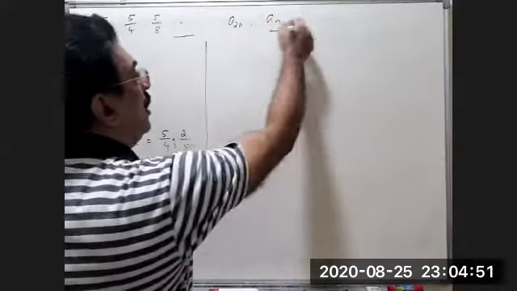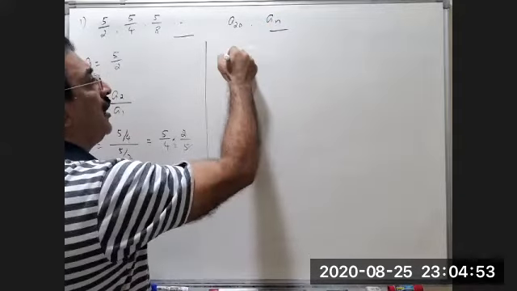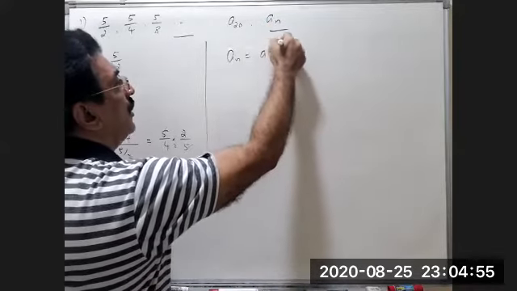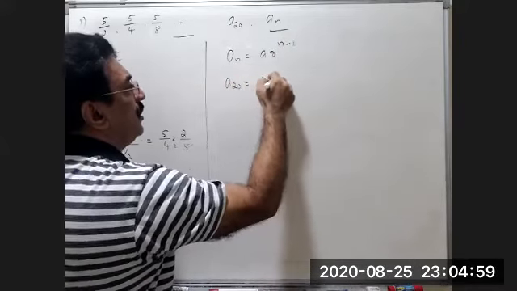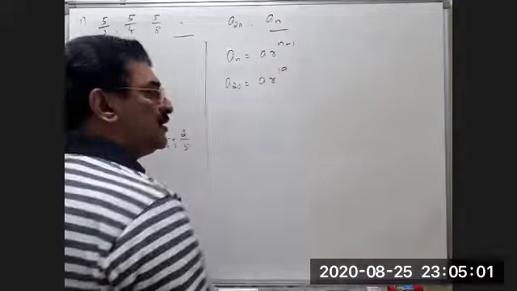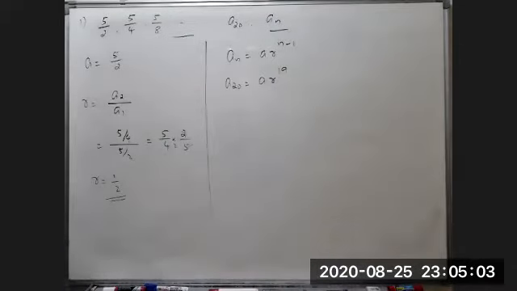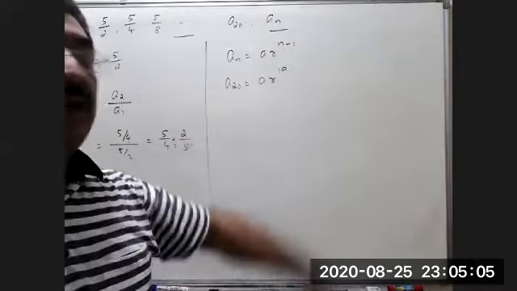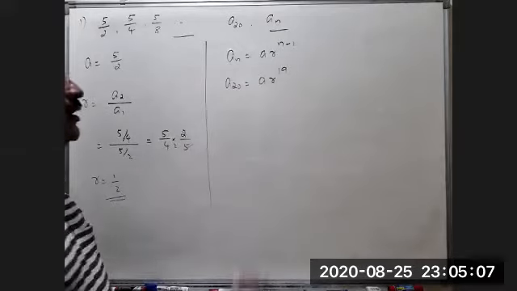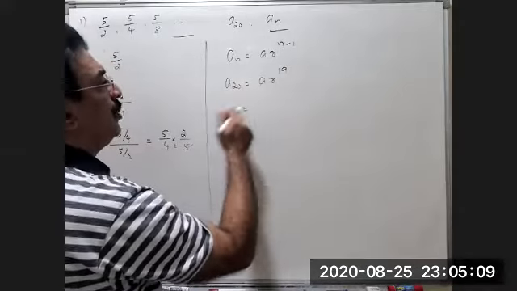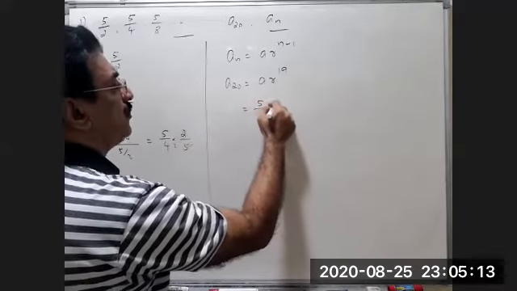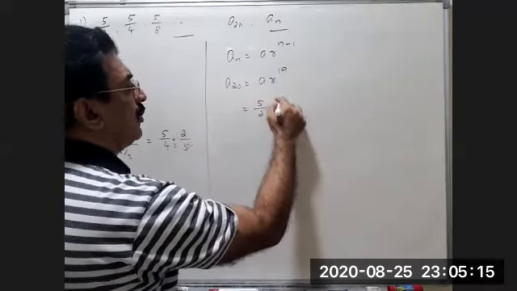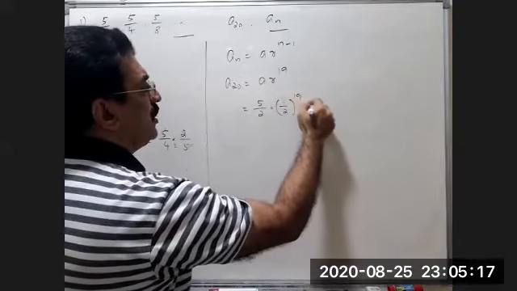Now our formula for An is A R raised to n minus 1. So A20 will be A R raised to 19, because 20 minus 1 is 19. Now put the value of A, which is 5 by 2, and R is 1 by 2 raised to 19.